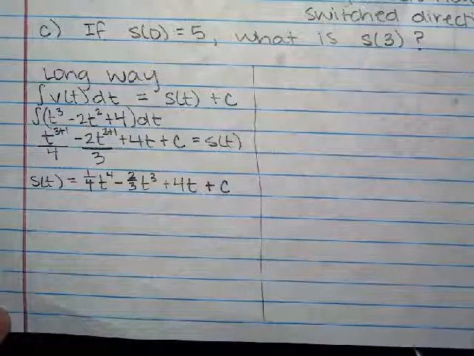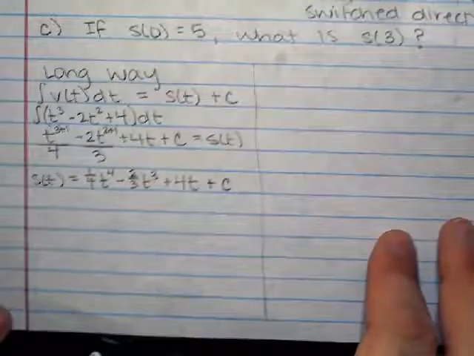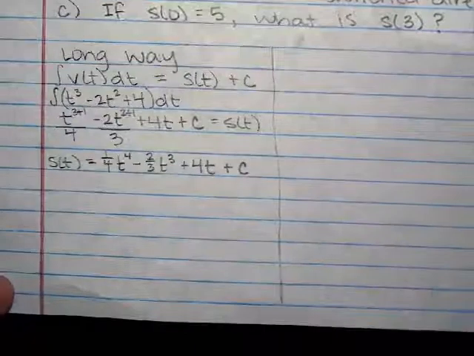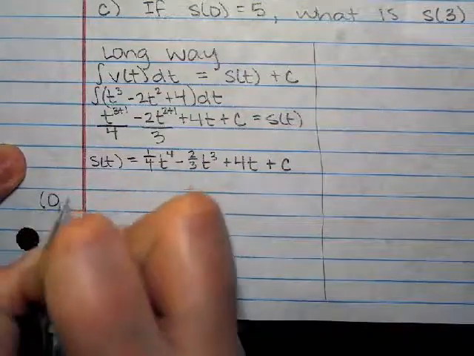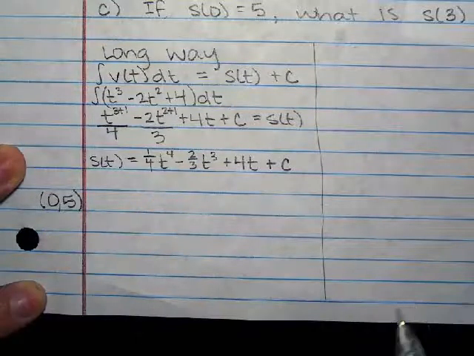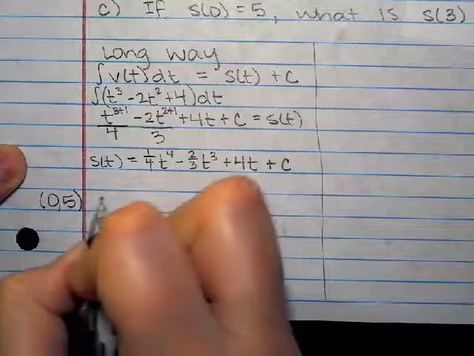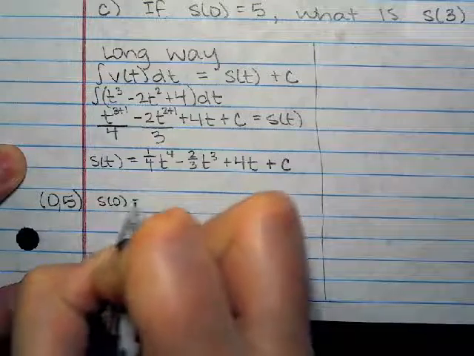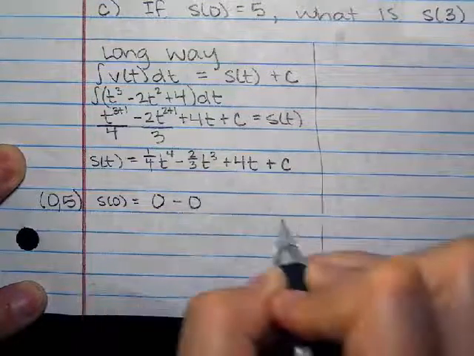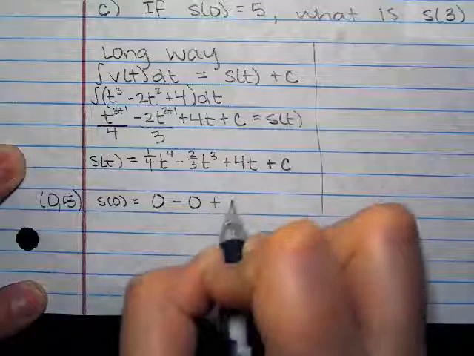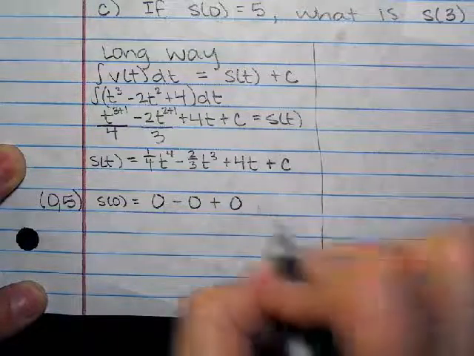So now if I use s of 0 equals 5, then I'm going to get s of 0 is 0 minus 0 plus 0 plus c equals 5.